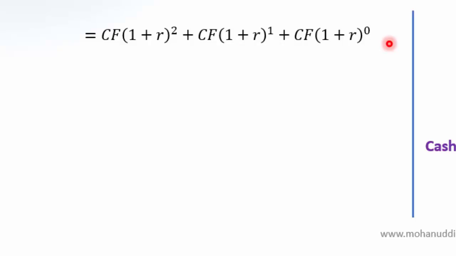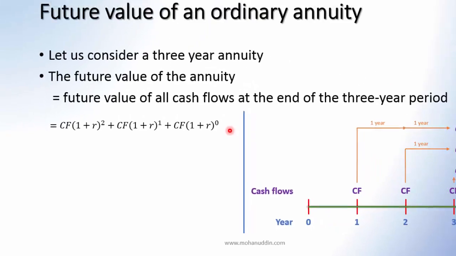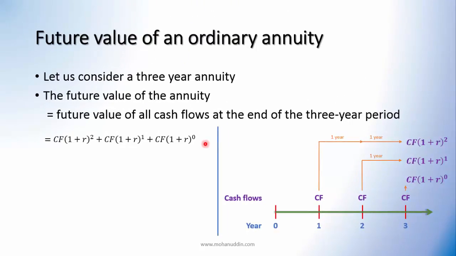If you do not want to know the detail of the mathematical manipulation, you can skip a bit. No problem with that. If you know the formula itself, that will be enough. But let us see how we get the future value of ordinary annuity formula.